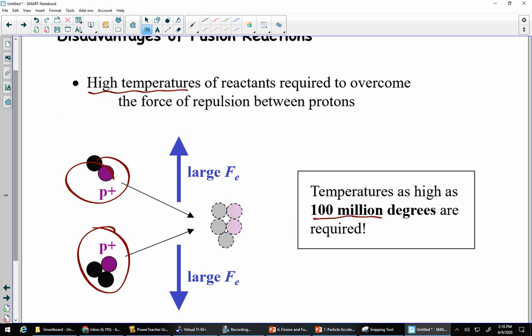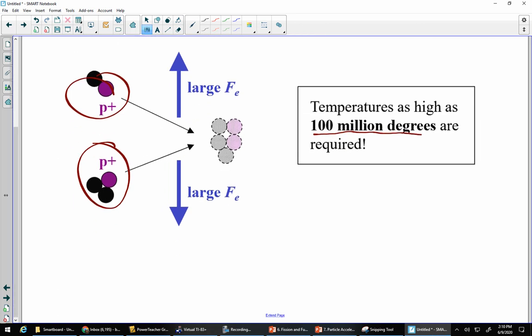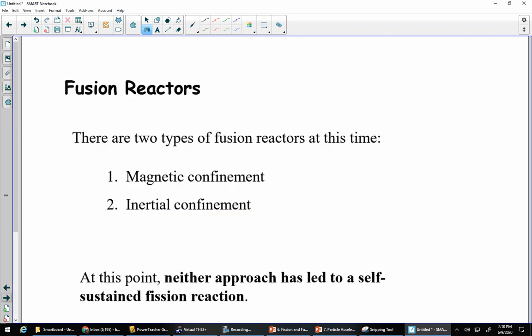Typically we have like 100 million degrees is what we're looking for. Now, the big issue with this is we can't actually sustain that on our planet, or at least we don't have the technology for it right now. It loses energy to its environment faster than it's being given off. That's the big issue with this.